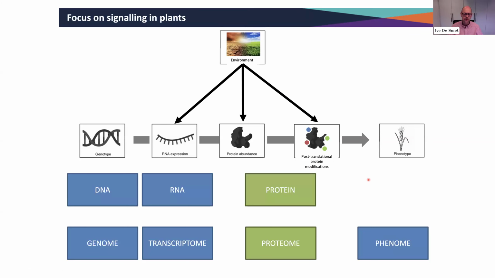Now, what we have been focusing on is very specifically how the environment changes the protein level. So we've been looking at proteins, proteomes, by extension as a collection of these proteins, and not necessarily at DNA level, the genome, or RNA level, the transcriptome. And very specifically, we have been looking at post-translational modifications.